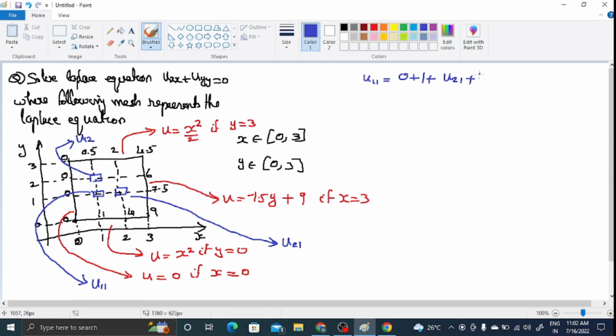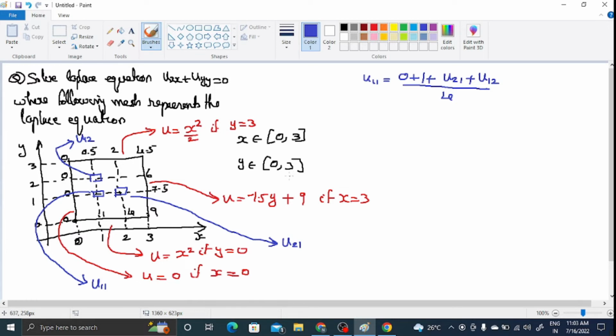So u12 divided by 4. By using the standard 5-point formula, u11 is equal to left point 0 plus bottom point 1 plus right point u21 plus top point u12, divided by 4. So this is u11.